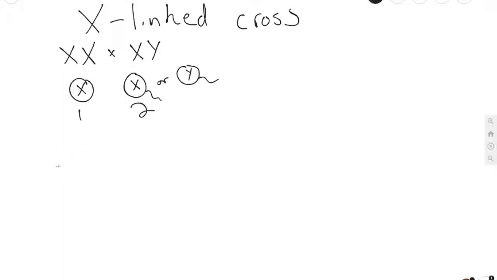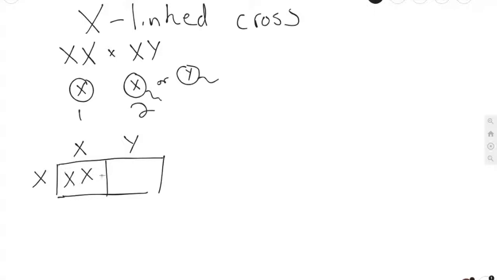Punnett square. So I'm going to draw it like this. I'll put my female on the left, so each gamete gets its own row, and then I'll put my male at the top. Each sperm gets its own column. So here we combine the X from the left and the X from the top.